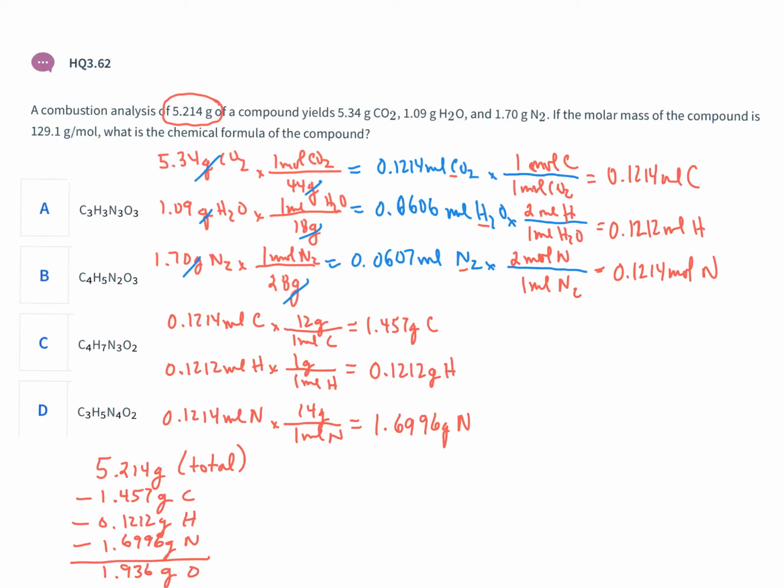grams of oxygen. So just like before, I need to convert grams of oxygen into moles of oxygen to compare it with the other moles that I have. So 1.936 grams of oxygen, 16 grams for 1 mole of oxygen. I have approximately 0.1210 moles of oxygen.